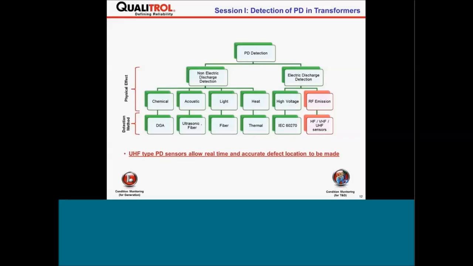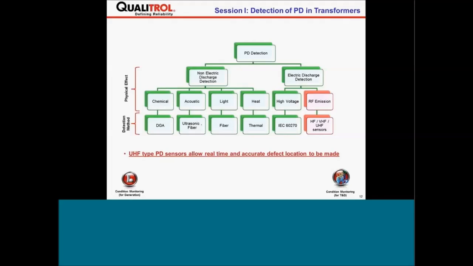How would we detect PD in transformers? There's a number of techniques. There's basically non-electrical discharge detection and electrical discharge detection. Non-electrical: chemical, DGA, is a standard at the moment. Acoustics, also light, heat. These can all be measured by various ways on the transformer.